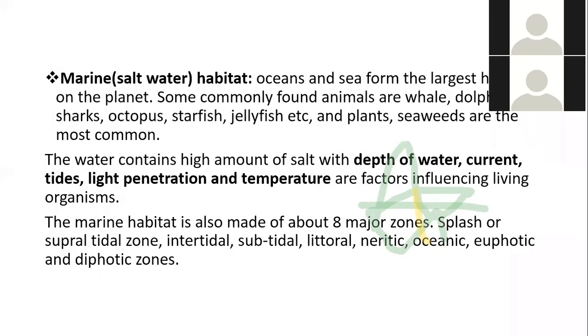The second example of the aquatic habitat is the marine or salt habitat. As you can see from the name, marine, salt water. Every water that has salt content is marine water or marine habitat.